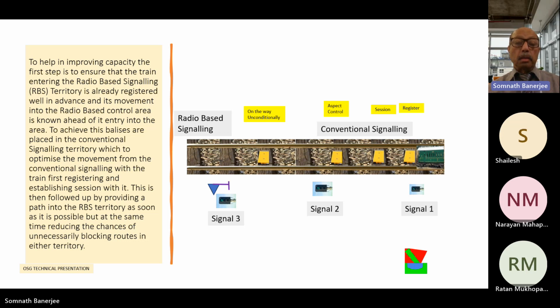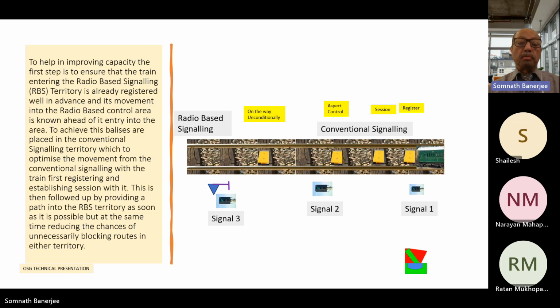The train that is coming from the conventional signaling territory is advised of the state of the network ahead of the border, and therefore it has to be first registered well in advance to the radio based signaling territory, and then it also has to start a communication session with the radio based signaling control system.